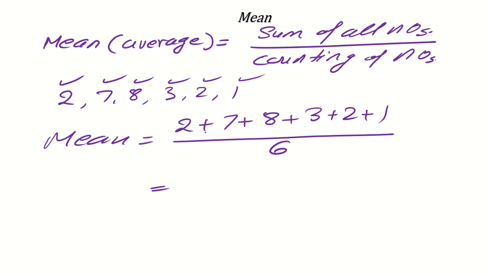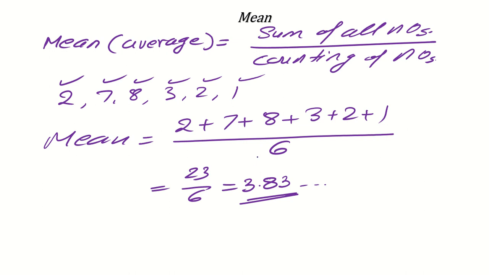So just add them. 7 plus 2 is 9, 9 plus 8 is 17, 17 plus 3 is 20, 20 plus 2 is 22, and 1 is 23, divided by 6. So 23 divided by 6: 6 3s are 18, 5 remainder, 50, 6 8s are 48, 2 remainder, and so on. Okay, so 3.83 will be the mean. Like this you can find the mean easily.